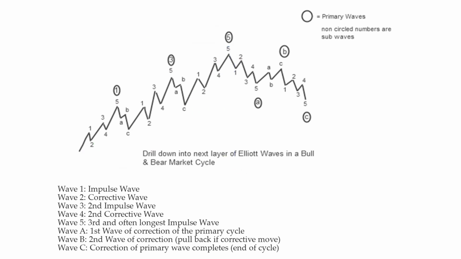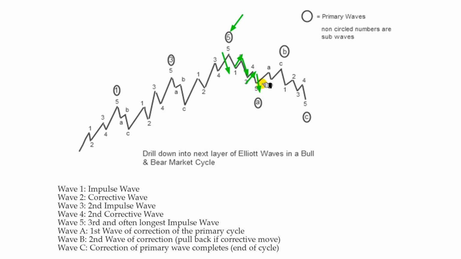So here we can see that after the top of the bull market right here at 5, you would get your lettered phase of the bear market. And you can see now, instead of the primary impulse waves, 1, 2, 3, 4, 5 being upwards, in a bear market, the primary impulse waves are downwards. 1, then with a corrective wave against the primary wave. 3, another impulse wave downwards, and the corrective wave 4 upwards against the primary trend, and then 5 impulse wave down.